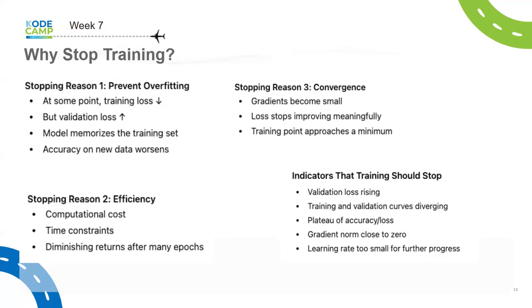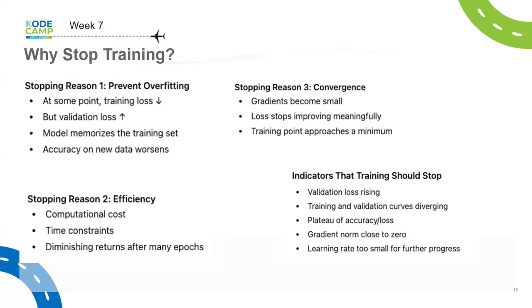But typically, the idea is if you are training a model and at some point the training loss continues dropping, the training loss is expected to continue dropping because you are training the model on the data. It's getting better and better at predicting that data as you are training it more and more. Your cycles increase. But you also expect that the validation loss should also continue to drop.